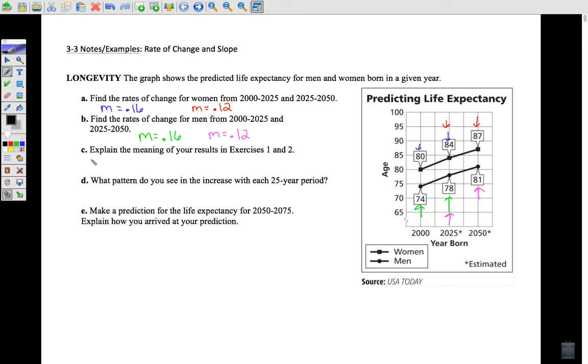So what we can say here is that both men and women increased their life expectancy at the same rates.